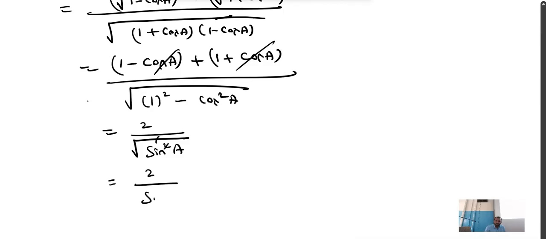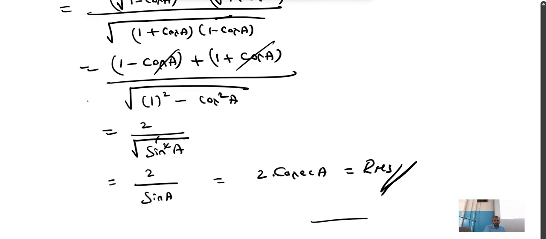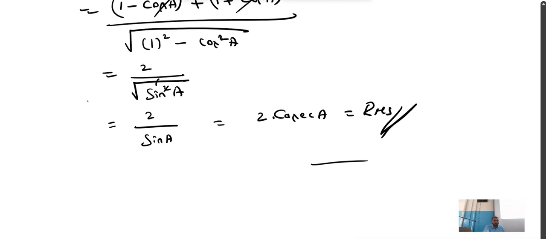That can be written as 2 into 1 by sin A, which is cosecant A. That is RHS. Because sin A is in the denominator, 1 by sin A is cosecant. So therefore LHS is equal to RHS. Hence proved. Very good.